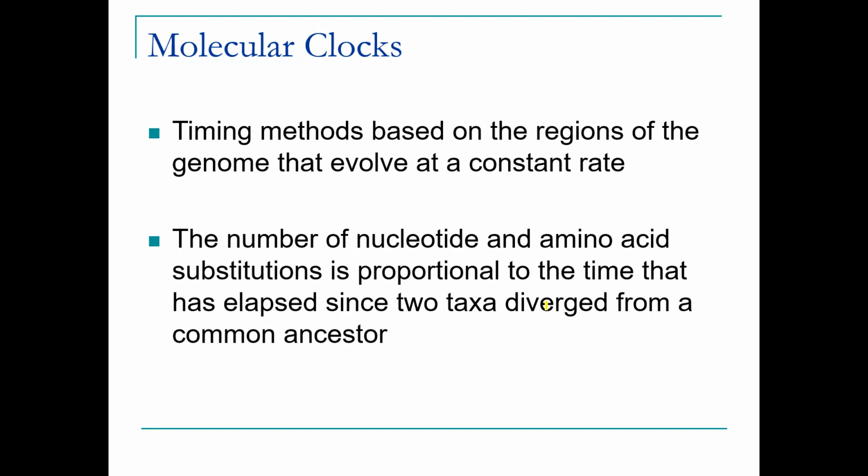So if you're using, let's say, a mutation rate that's rather quick, let's say we get 2 mutations every 1,000 years or something like that, then if there were 6 mutations between the two groups, that would take us back 3,000 years. And so all you do is you just apply a basic ratio for mutation rates, how many mutations there were, and that can kind of take you back to how long ago those two diverged into new species.